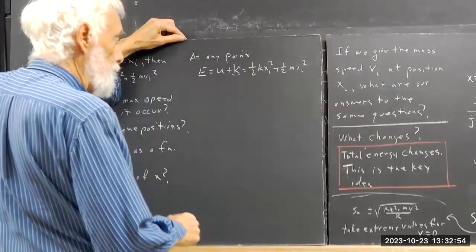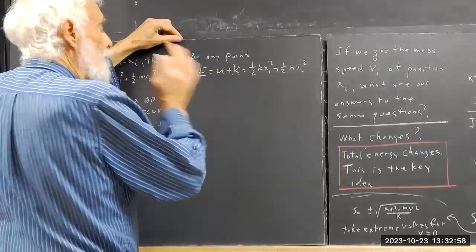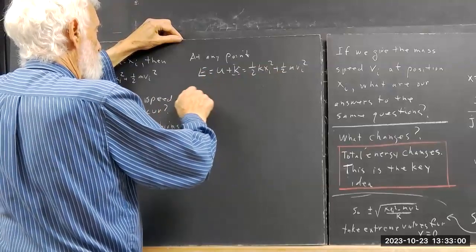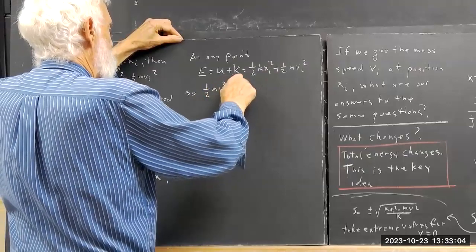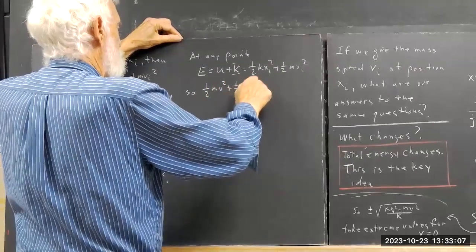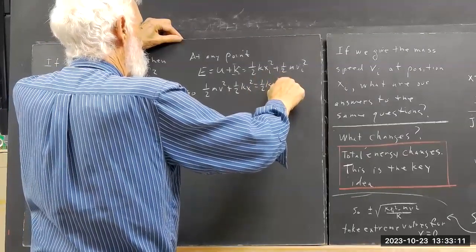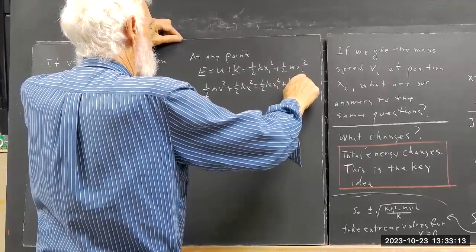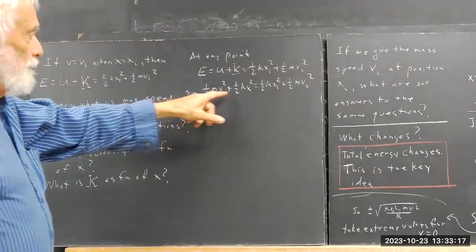What's U and what's K? Well, at this point, U is this and K is this. At any point, you have this, because V and X vary.